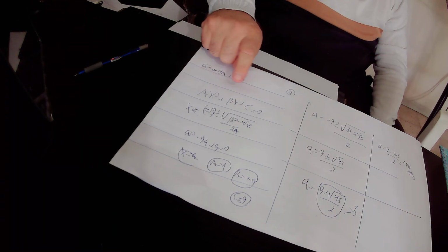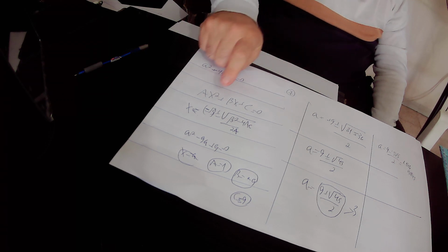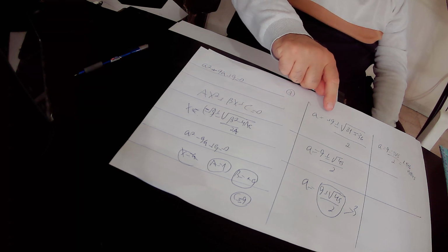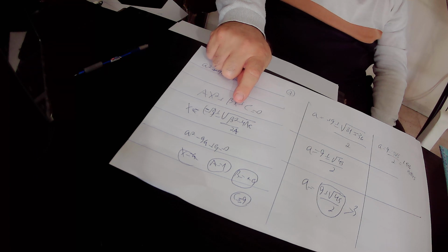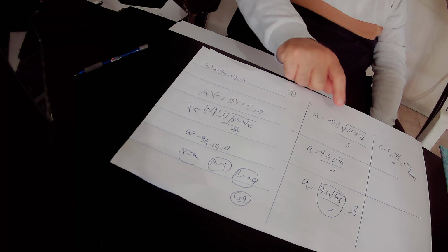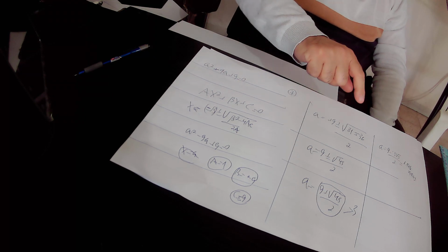Again, x equals A, and it equals minus b. B is minus 9, therefore minus b is plus 9, plus minus square root of b squared. B is minus 9, therefore b squared is minus 9 squared, that is 81, minus 4 times a. A is 1, so minus 4 times 1 is minus 4, times c, that is 9, minus 4 times 9 is minus 36.